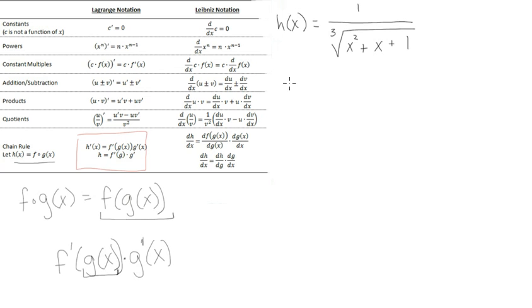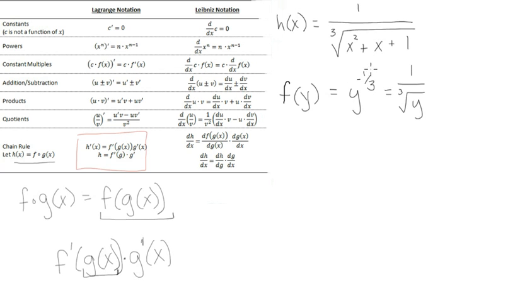So I'm going to say that my f of y is equal to y raised to the negative 1/3 power. What you can see here is that I've just rewritten that as a power, but I could also write it as the cube root of y. Those are the same things.